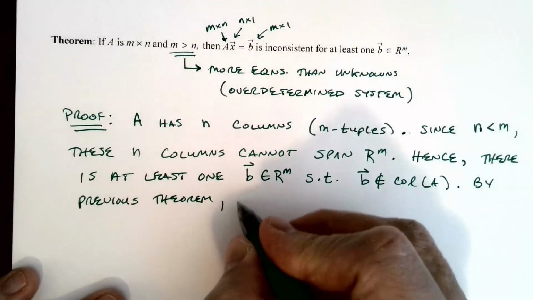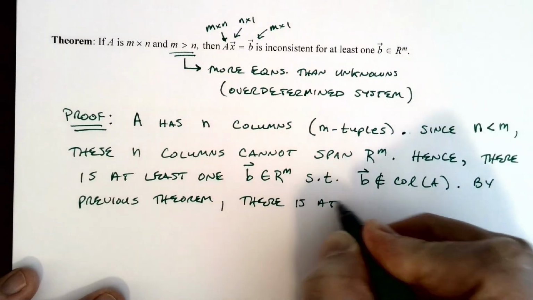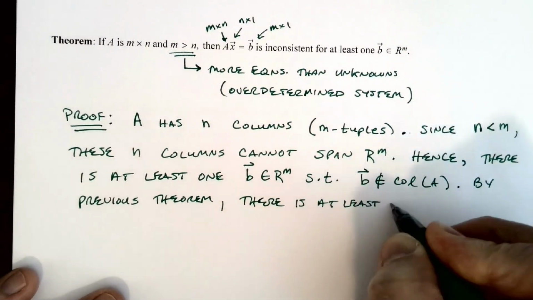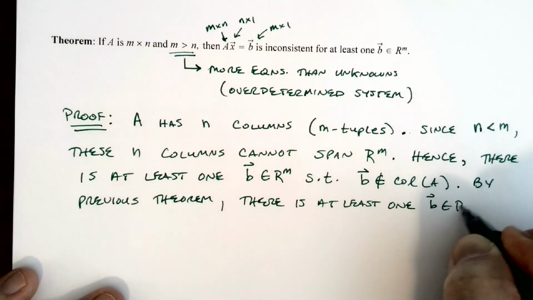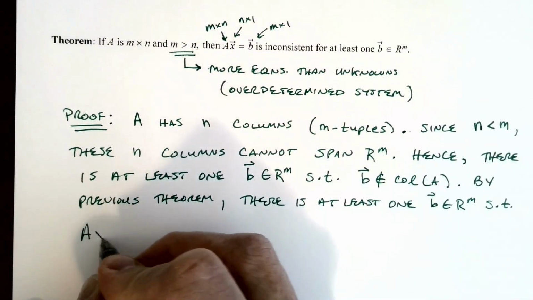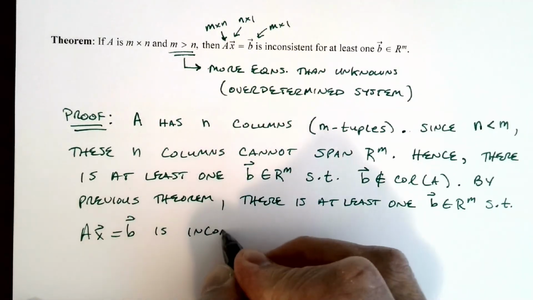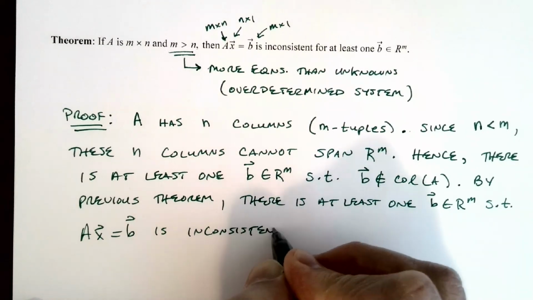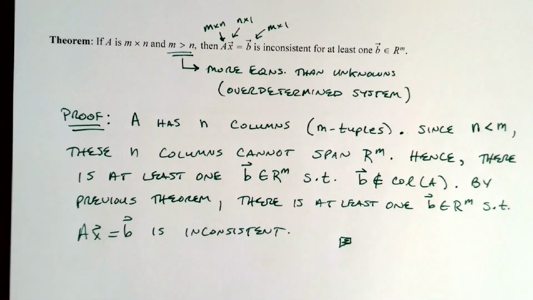So by the previous theorem, there is at least one B in M space such that the system AX equal B is inconsistent. And there's the proof of that.